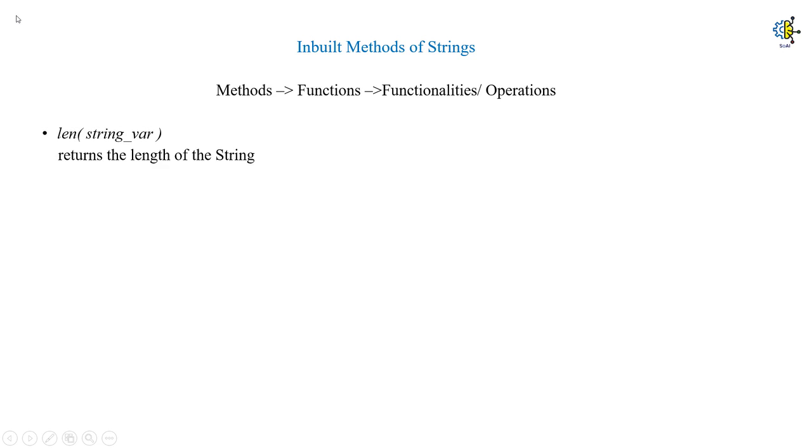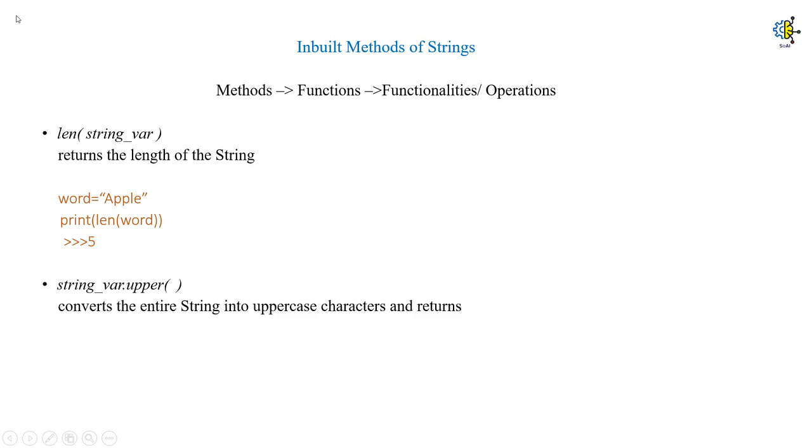The len method is used to return the length of the string variable that we pass into it. Let's take a look at an example. Here is a word apple. If I print the len of the word, which is the variable word, I'll get an output of 5 because there are 5 letters in the word apple.